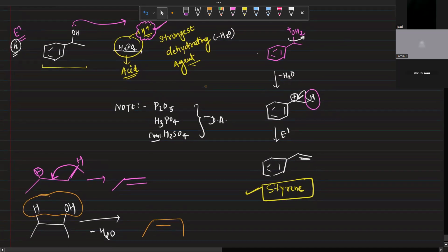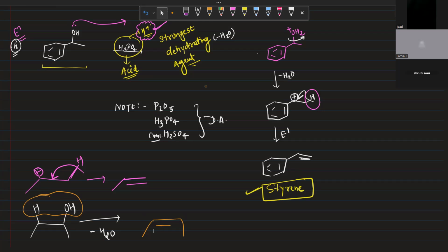Now tell me one more thing. Let's suppose there is no hydrogen on the carbon adjacent to the carbocation. In that case, what will be the process? How can we proceed with elimination? See, in this reaction the carbocation is formed, and there is a hydrogen which shifts the single bond to the nearby carbocation.